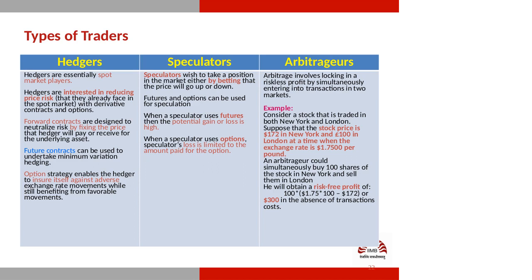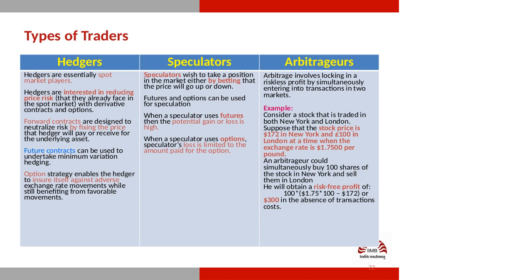On the other hand, there is a set of participants in the market who are referred to as speculators. Speculators are players who want to take a position in the market by betting that it will either go up or go down. So they are the risk takers. Again, futures, options, forwards can all be used as tools for speculation.